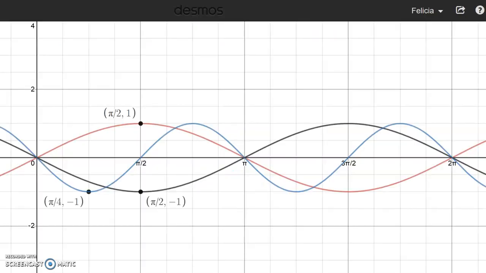Our final graph, negative sine of 2x, is the one that you see graphed in blue. And I went ahead and labeled our point pi over 4, -1 on that graph so you can see where our point ended up. Now this looks a little bit messy. I'm going to go ahead and take the graph that was negative sine of x off so you can see just the original graph and our final graph.